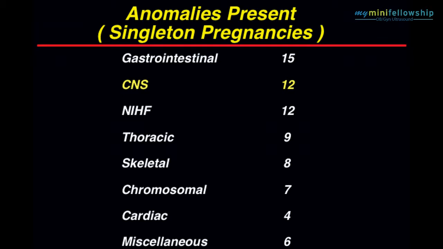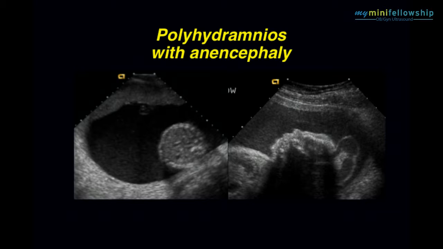Central nervous system abnormalities, of course, are well-known causes of polyhydramnios. In the era when anencephaly was not diagnosed prenatally, about half of the cases of polyhydramnios with fetal anomalous causes were caused by anencephaly. Of course, now that number has dwindled remarkably because alpha-fetoprotein testing is going to find virtually every case of anencephaly.